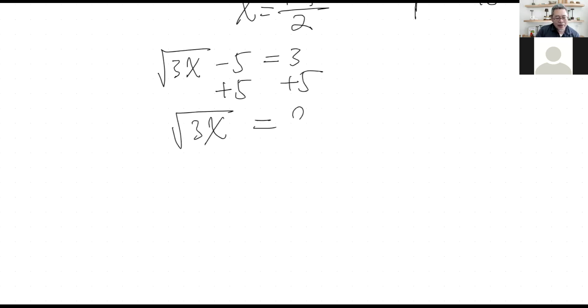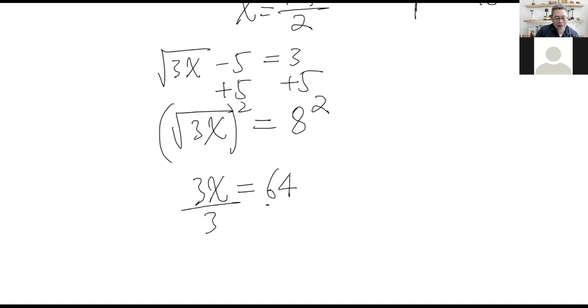Yep. So now we need to free 3x from the radical. So we just square both sides. Then we got 3x on this side, other side just 64. Okay? Yep. And we divide by 3 on both sides. So x is 64 over 3.